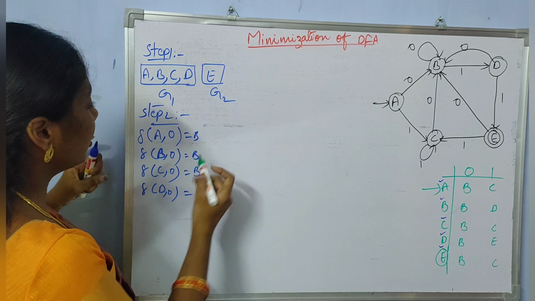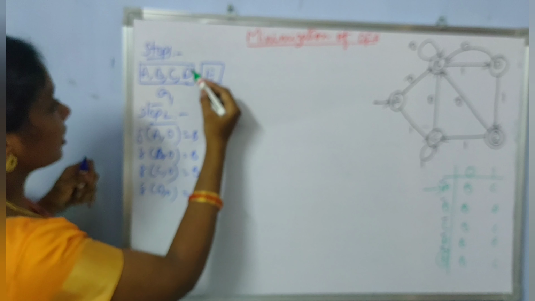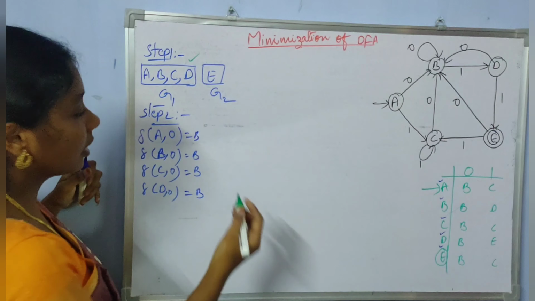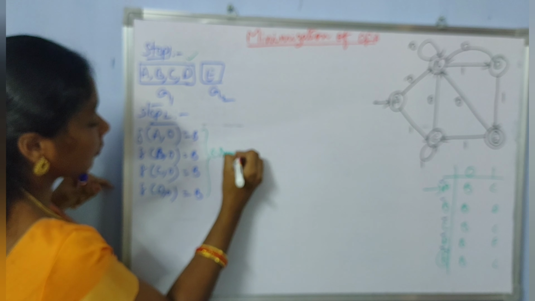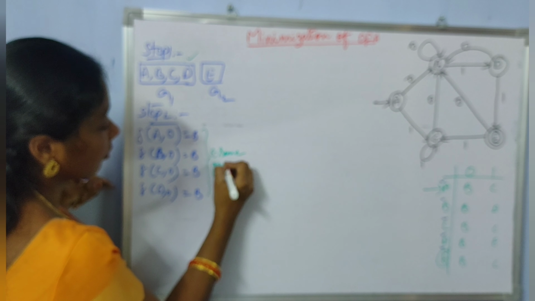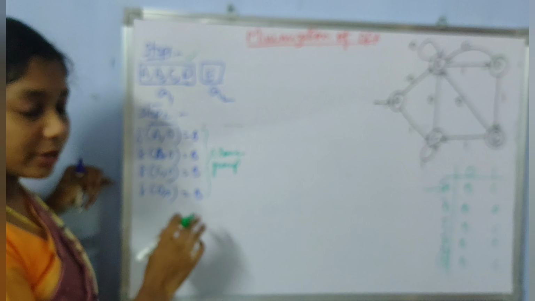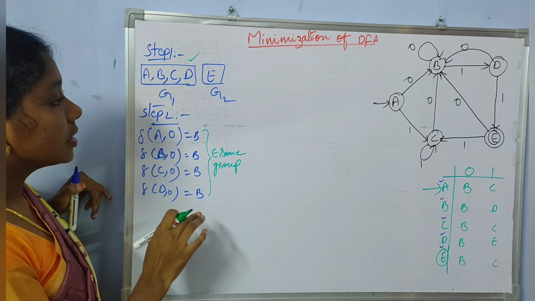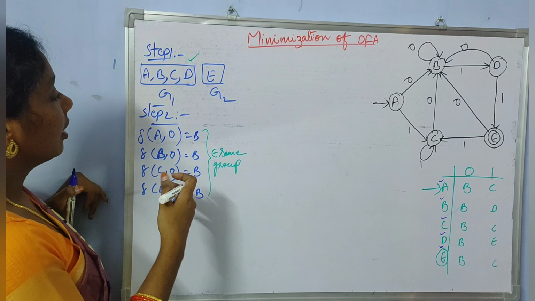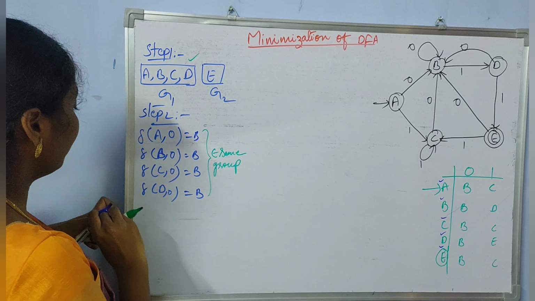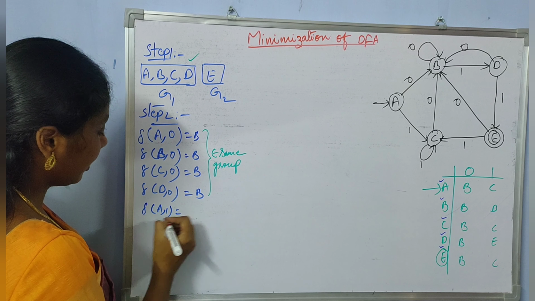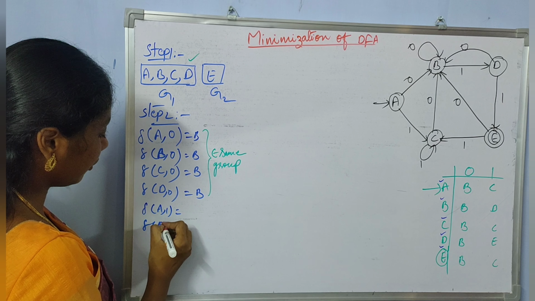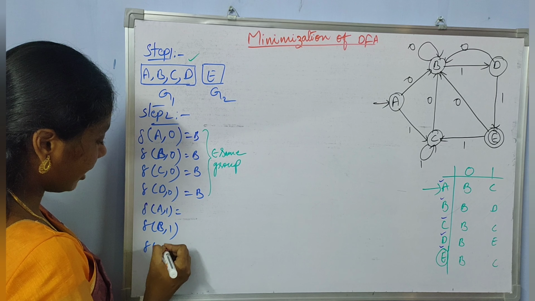Here, if I observe, all the resultant states belong to the same group, so there is no problem with this. Now let me take the transitions with 1.